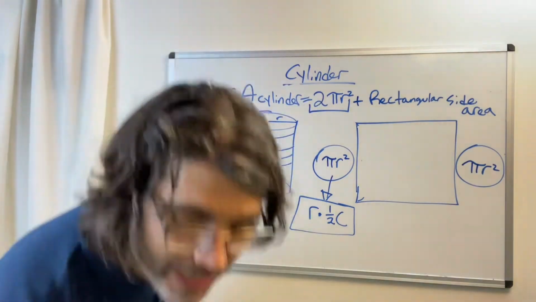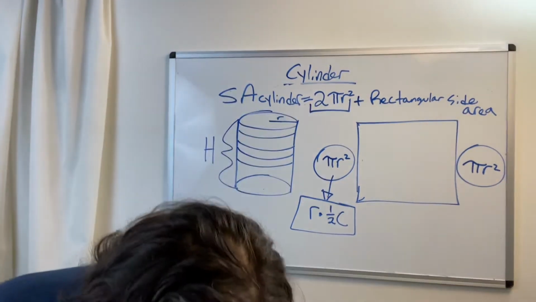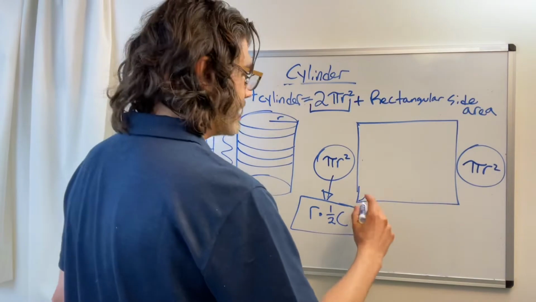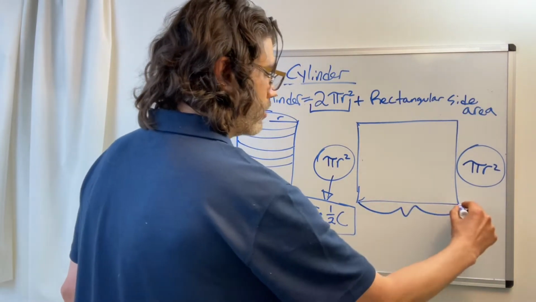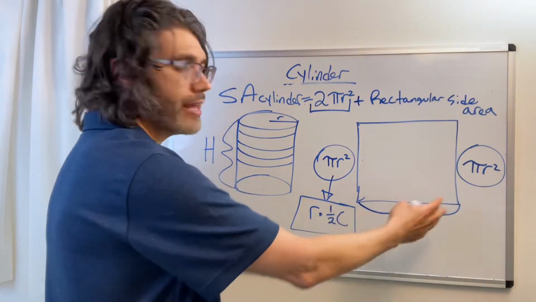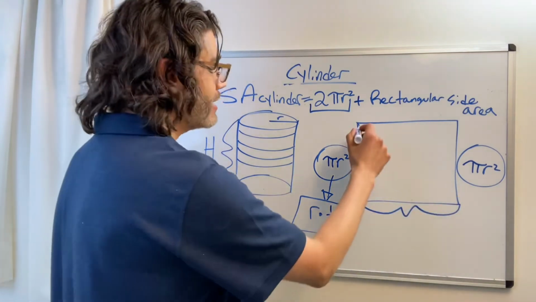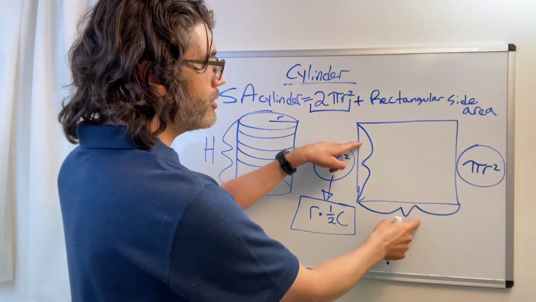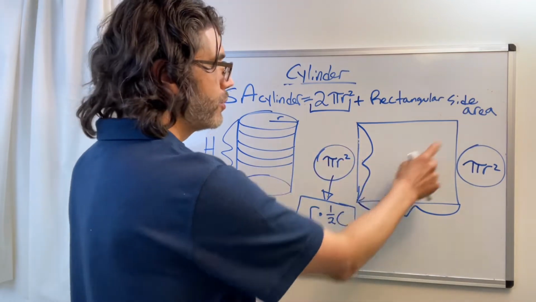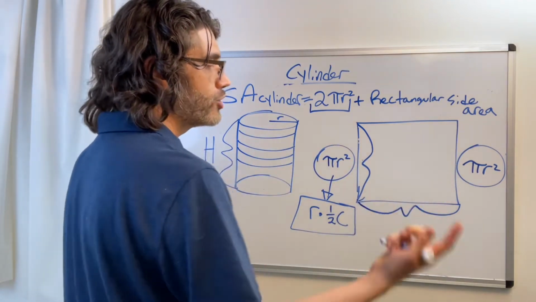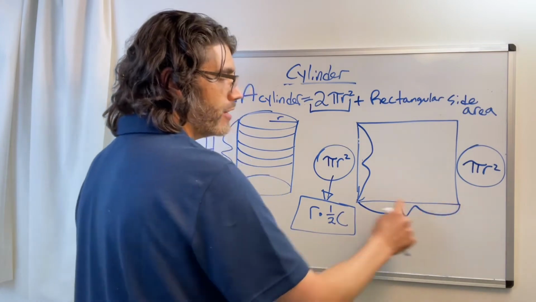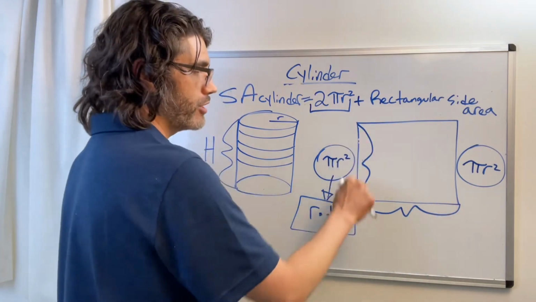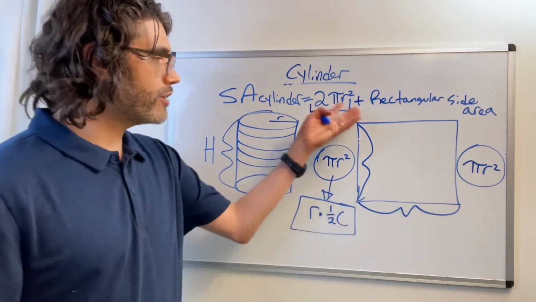Well, the area of any rectangle is this dimension, whatever you want to call it, the length or the width, times this dimension. If you multiply these two dimensions together, you will get all of the area inside. So all we're trying to do is find the length of this dimension and the length of this dimension. So what are the lengths of those dimensions?